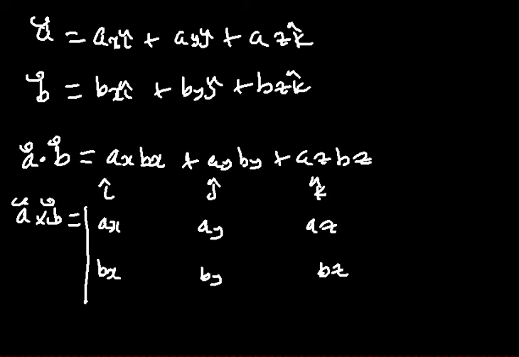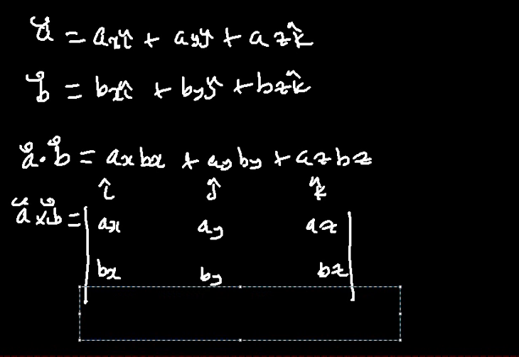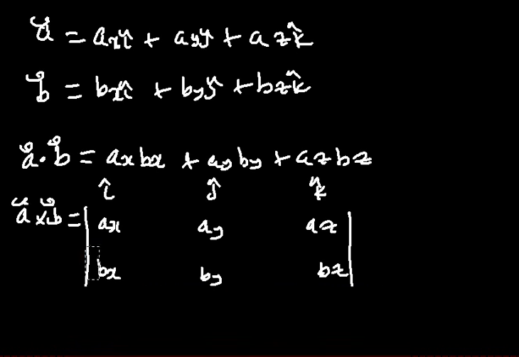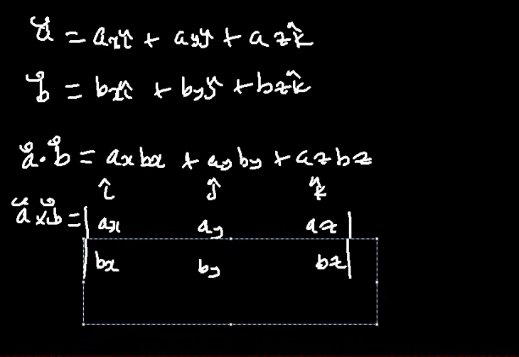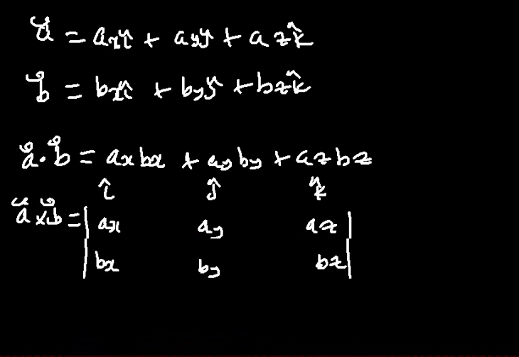The cross product of the vectors ends up giving us another vector. So from here, what you have to understand is that the interest is to have a vector from the product of the two vectors.